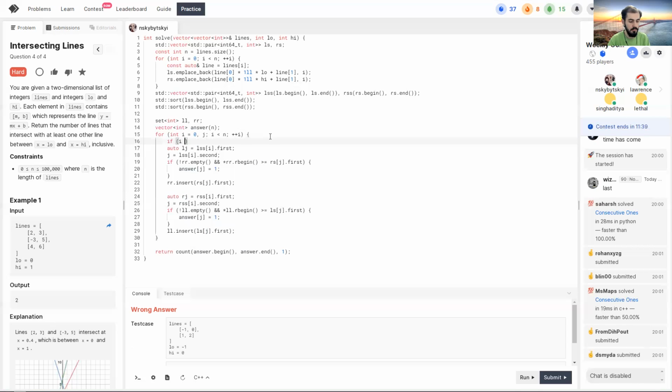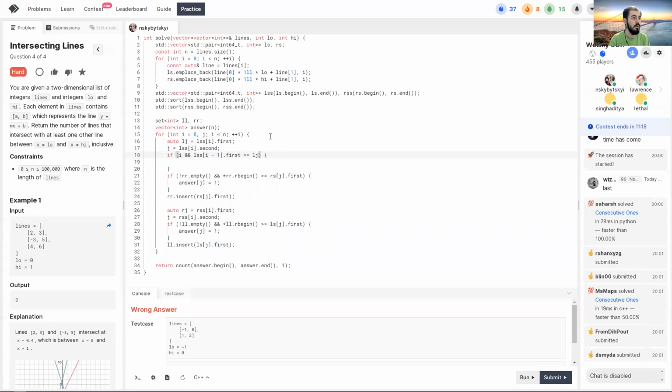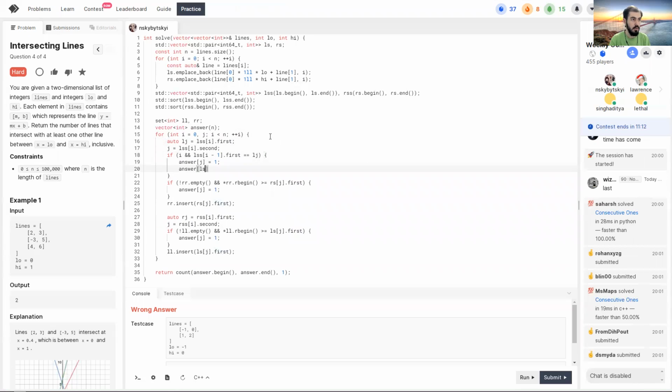If I and left intersection, answer j equals 1, LSS is 1, I believe.